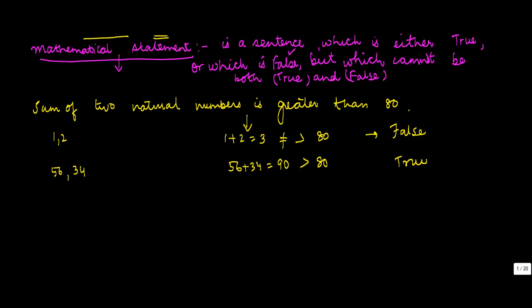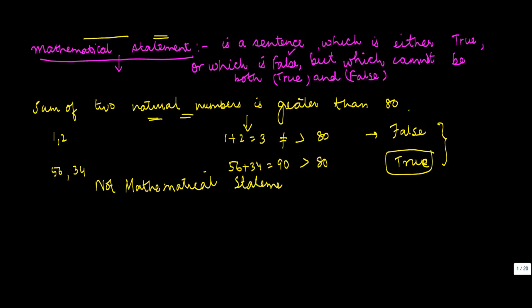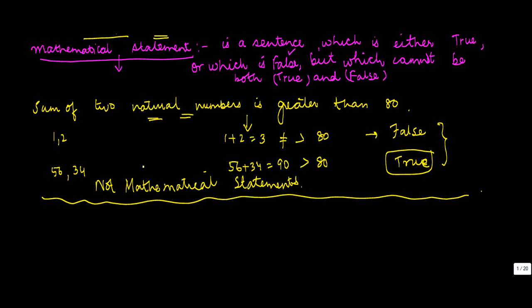So this is true. So you are in a situation where you can't find out whether the statement is true or false. Why? Because you don't know the value of these two natural numbers. So these kinds of statements are not mathematical statements. Okay?